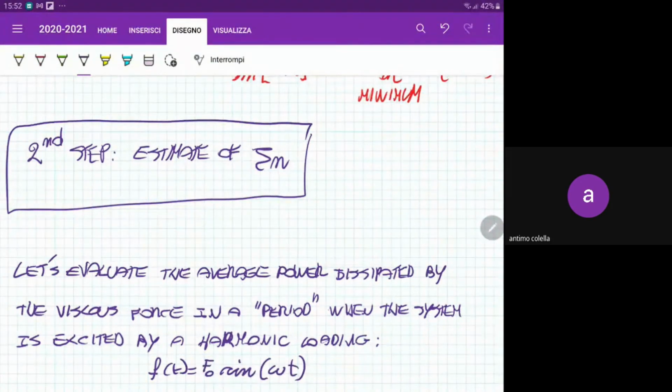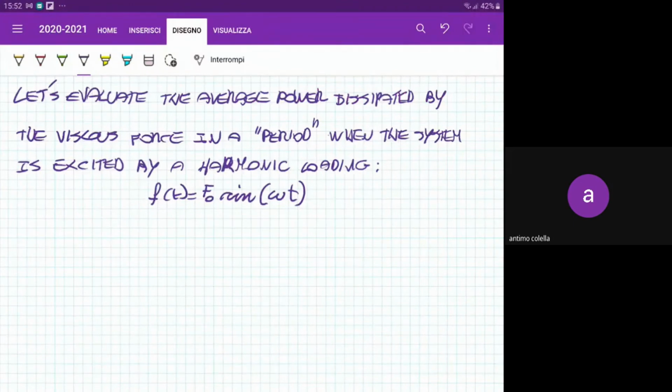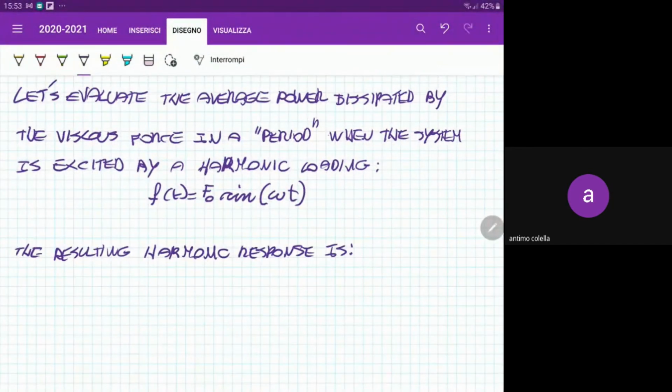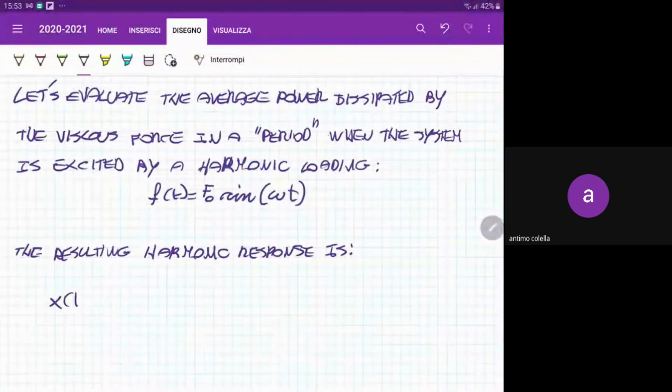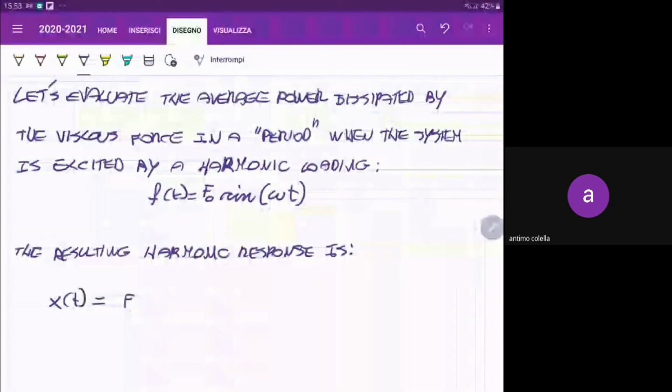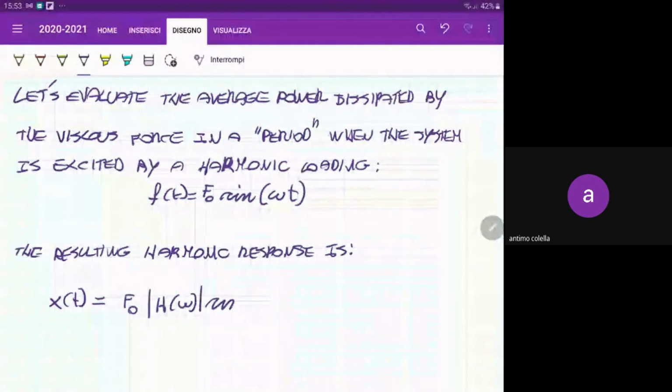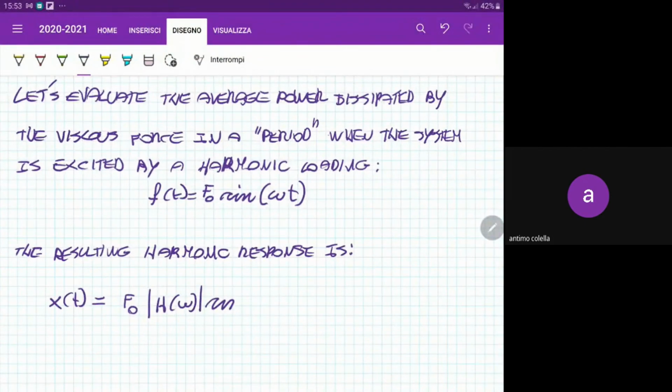What is first the response? The resulting harmonic response is thus your x(t). It is given by the amplitude that is sort of filtered by your system FRF amplitude times your sinusoidal wave that now is including a sort of phase angle.